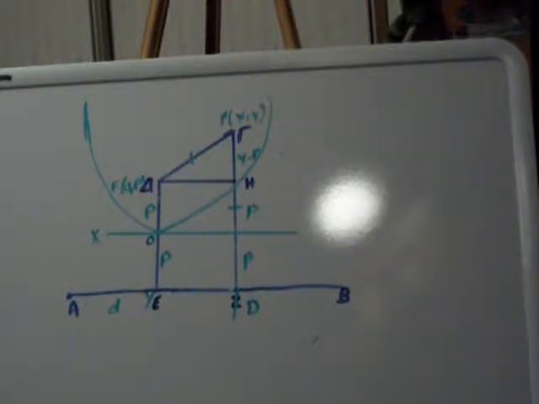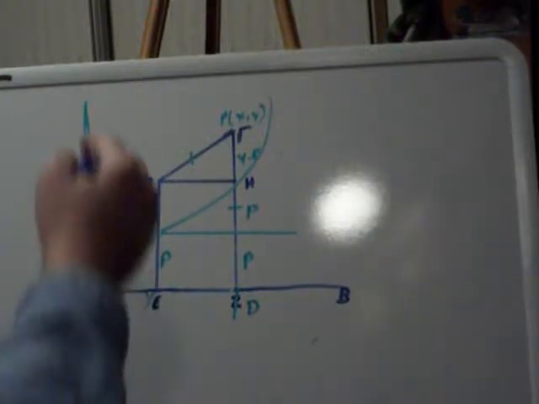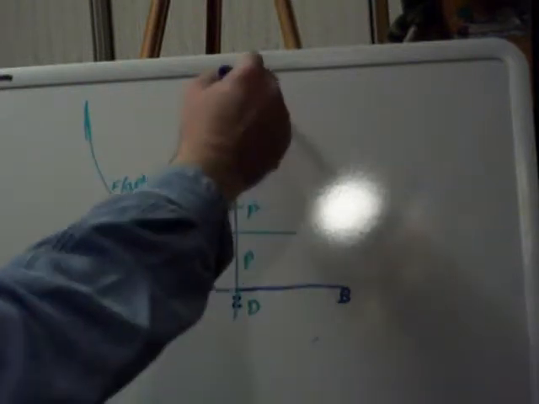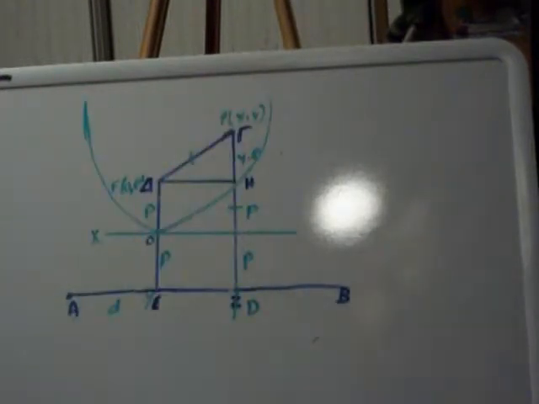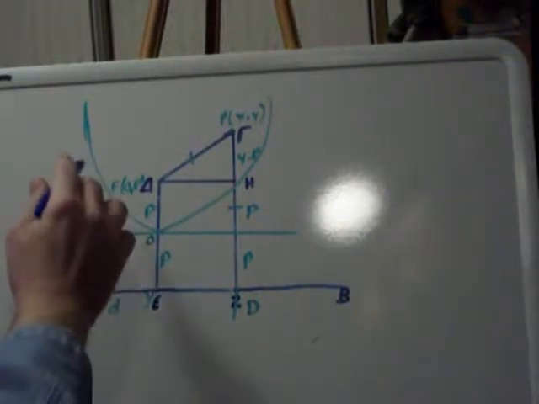Now, they're defining a parabola for you. There is a certain set of points, and those points are right here on the actual parabola itself. And these points have to be equidistant. Now, what does that mean?